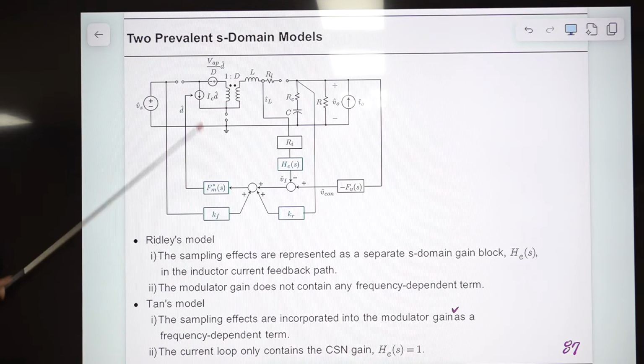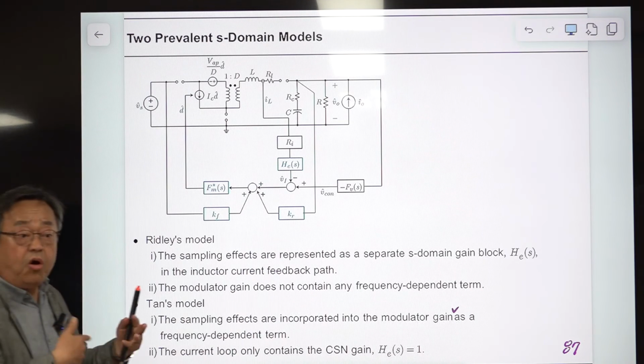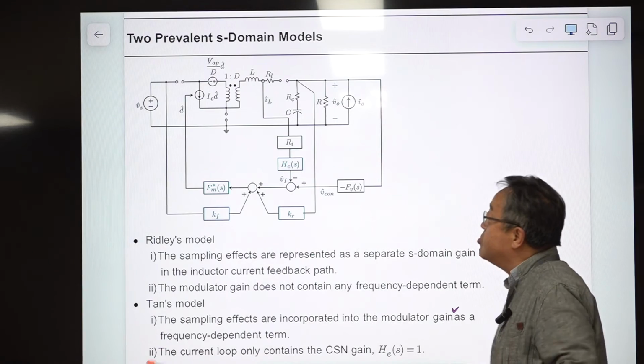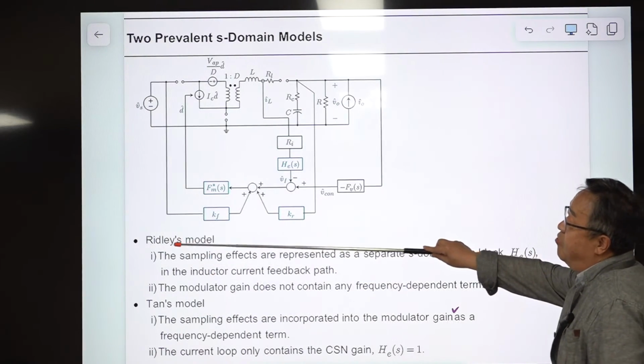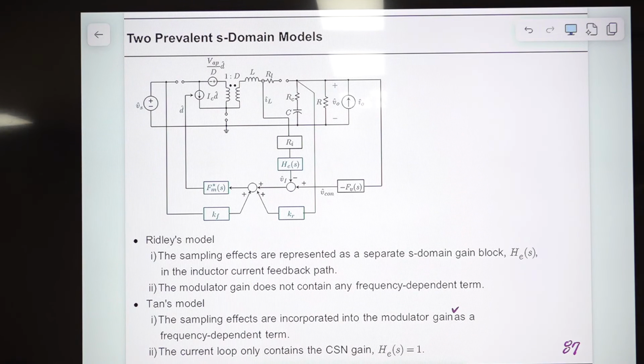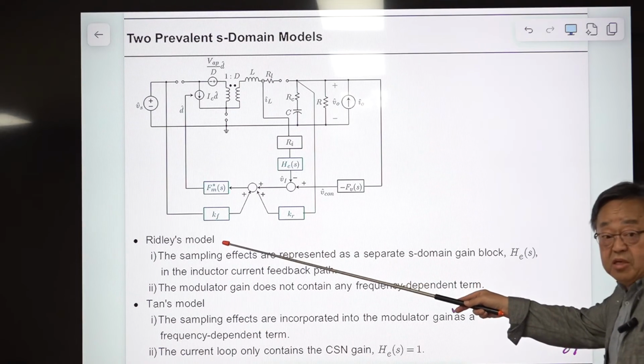So their models are different, their modeling approaches are different, and their results are different. There are subtle changes between the two models. This model was developed by a guy at Virginia Tech, where I graduated, so the Virginia Tech people used this.